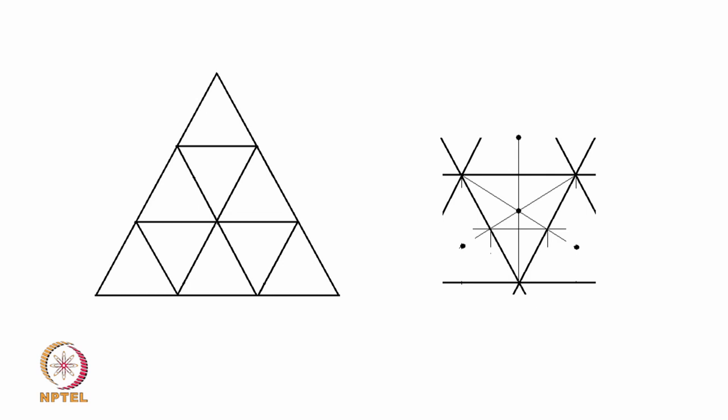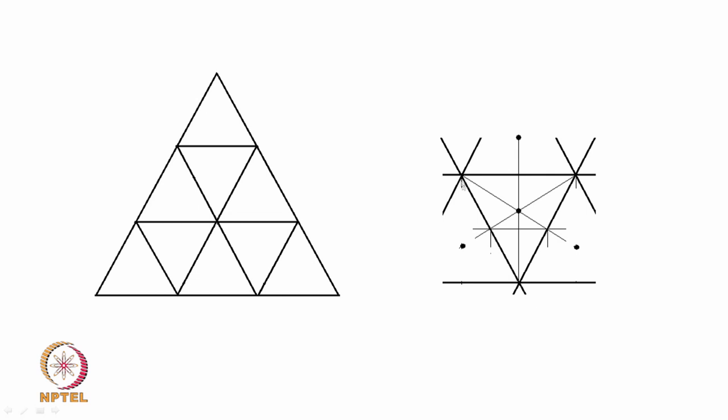What we would like to do is to know the W velocity at the centroid of each of these triangles. For example, if this is one triangle here, the centroid is given by the point of intersection of these lines here.